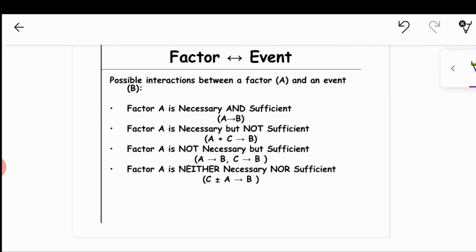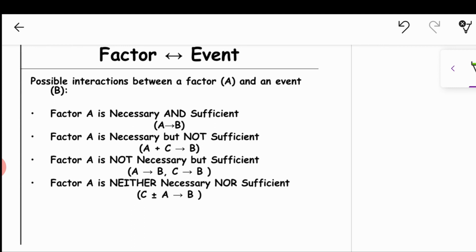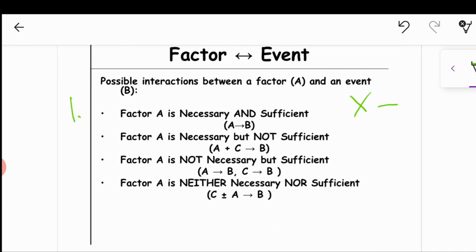Firstly, factor A is necessary and sufficient. So this basically means that factor A is needed, all right, and it's needed, and it's the right type of factor to cause B. So let's say risk factor A is a genetic mutation to cause cancer B. So this mutation has mutated X amount of genes, and the idea of having a mutation being sufficient, both of these is necessary and sufficient, and so therefore this is the first type of configuration.